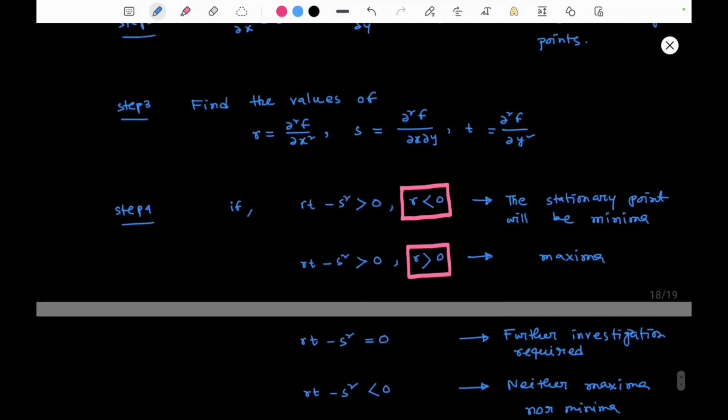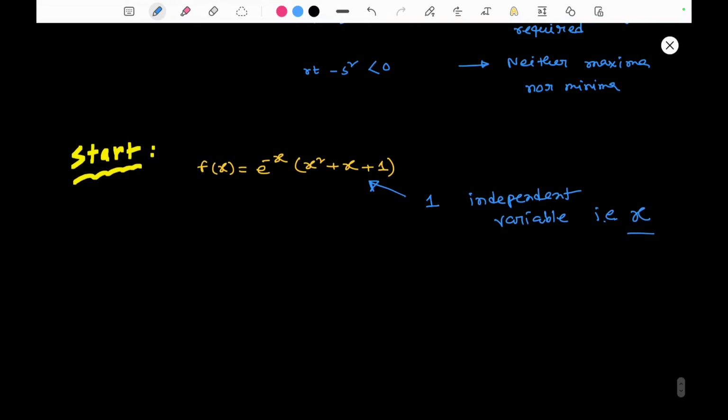First of all we will find the differentiation with respect to x. We can write d by dx on the right hand side also, d by dx of e to the power minus x square plus x plus 1.